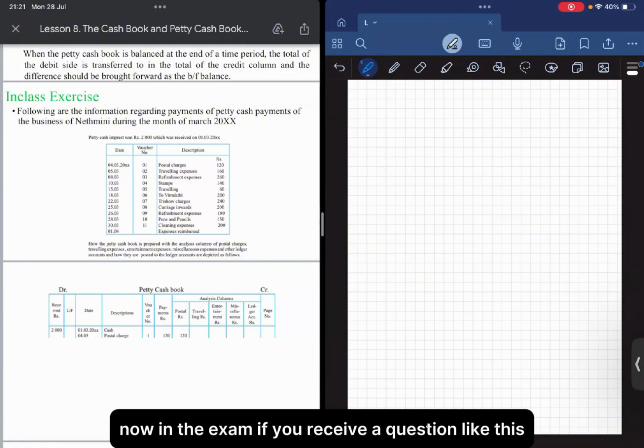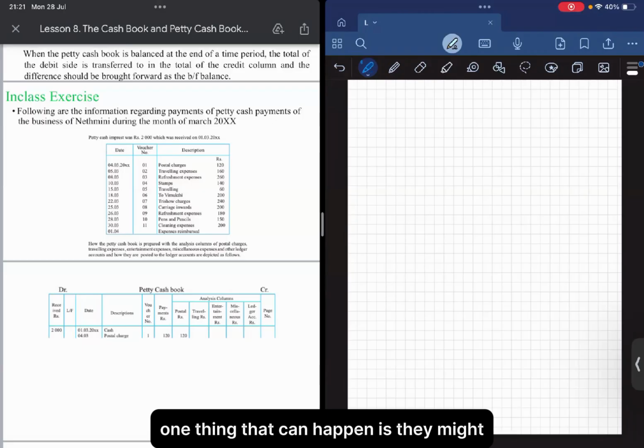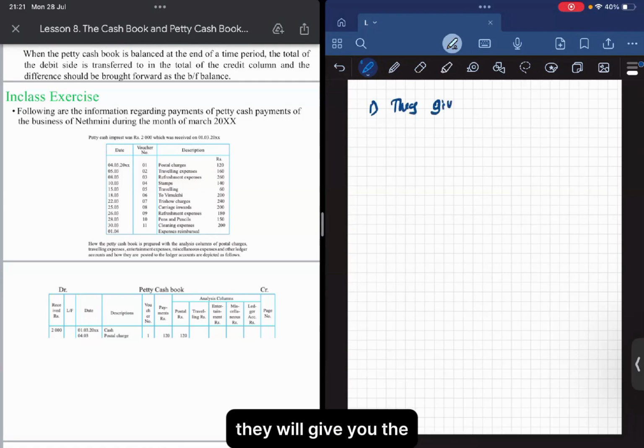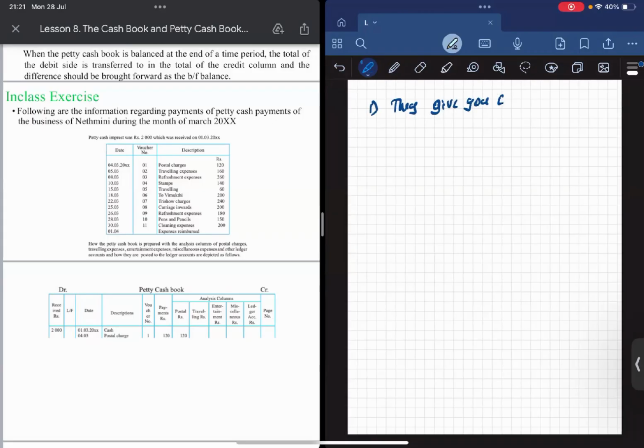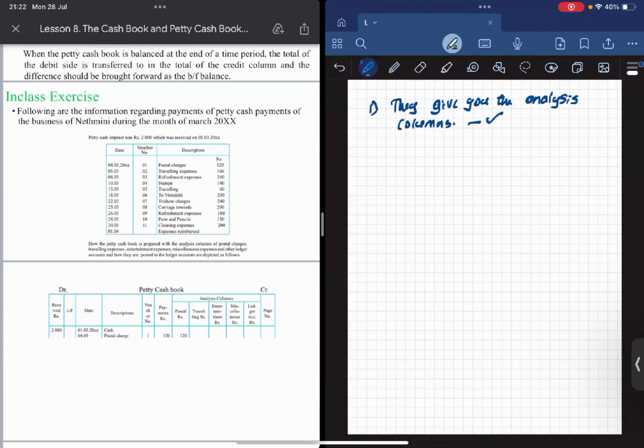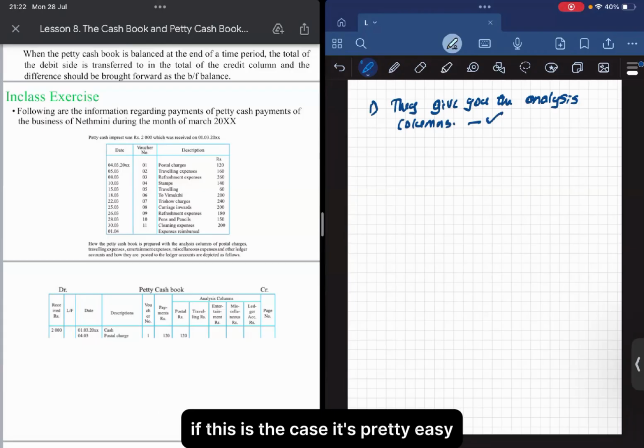Now, in the exam, if we receive a question like this, one thing that can happen is they will give you the analysis columns. If this is the case, it's pretty easy.